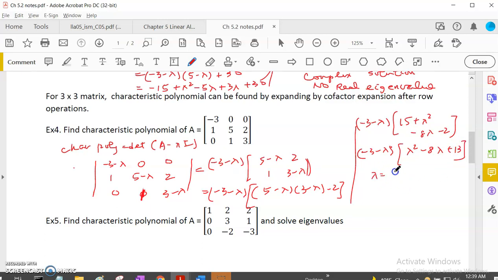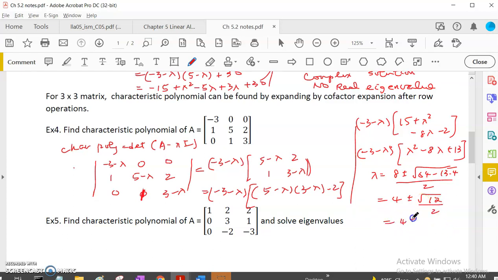So my lambda would be 8 plus or minus the square root of b squared minus 4ac, 64 minus 13 times 4, all over 2. So it becomes 4 plus or minus the square root of 12, divided by 2.